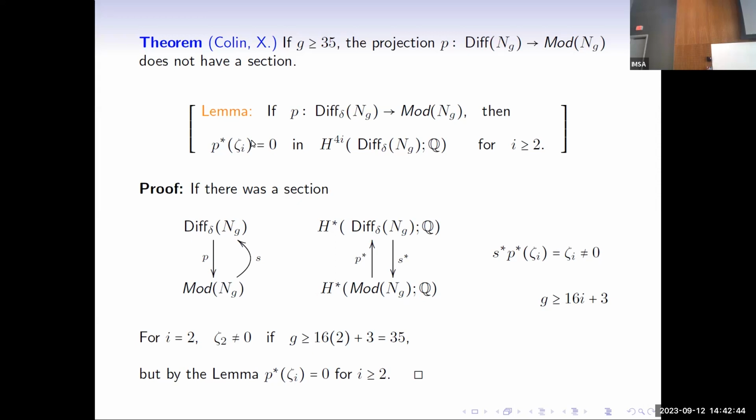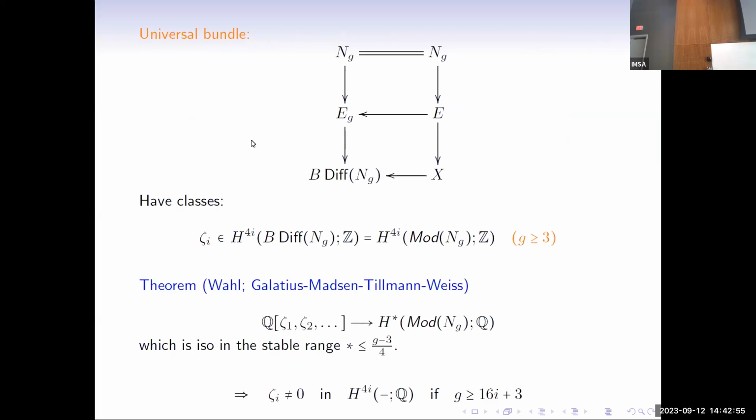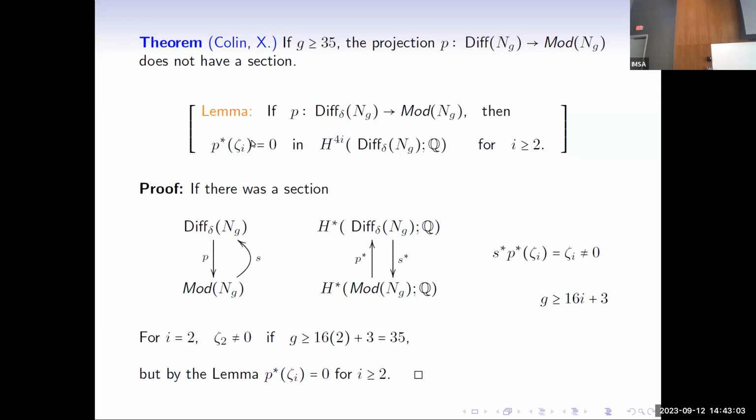So we use this, and then apply this property, that the zeta i's are non-zero in this dimension.